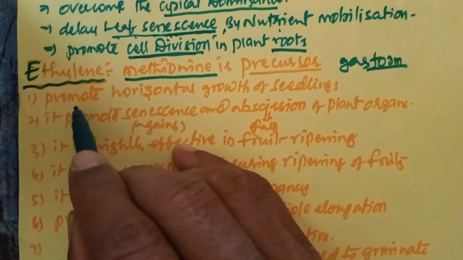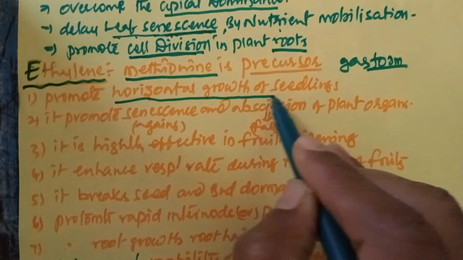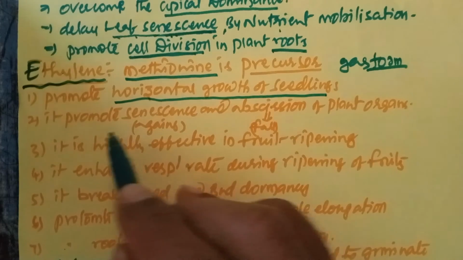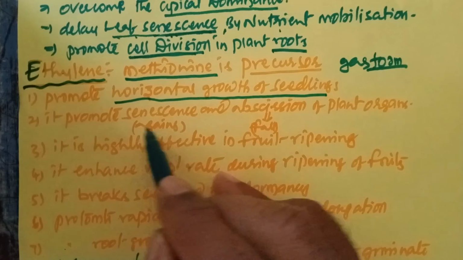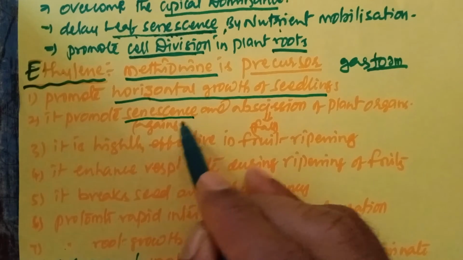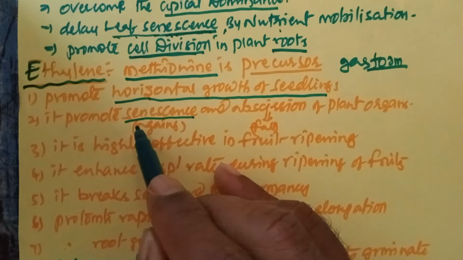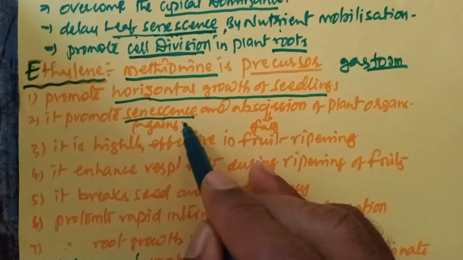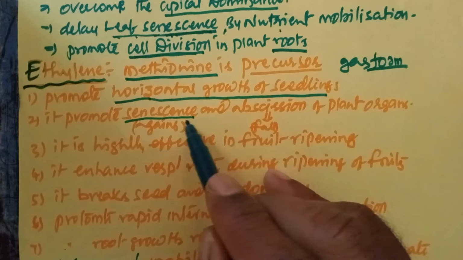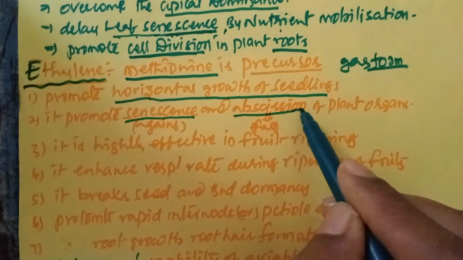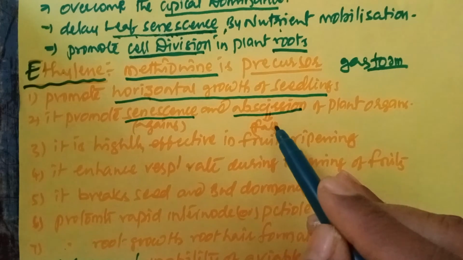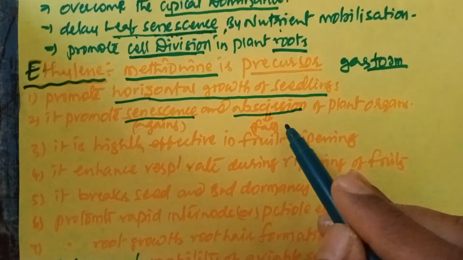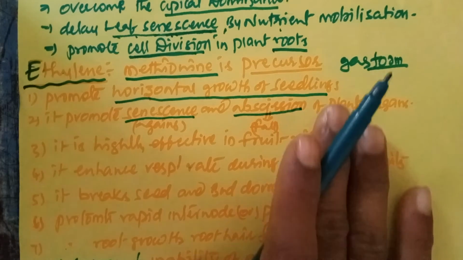ethylene is helpful for or promotes horizontal growth of seedlings, and it promotes senescence. Just now I told you senescence means aging. So it promotes aging, the fall of leaves, fruits, different buds, etc. And it also promotes abscission. Abscission means fall of fruits, fall of leaves, etc. in the plant body.